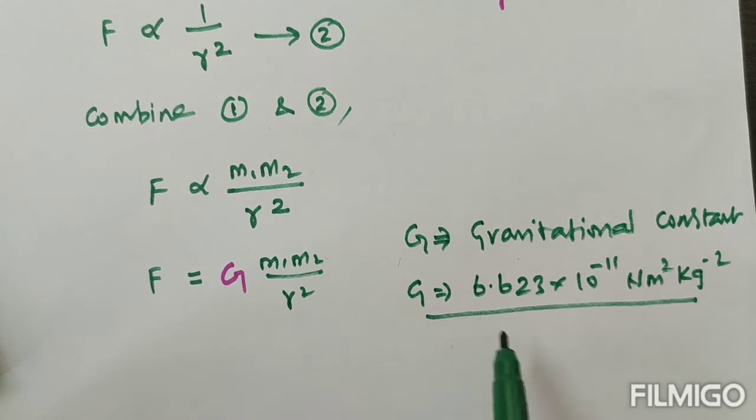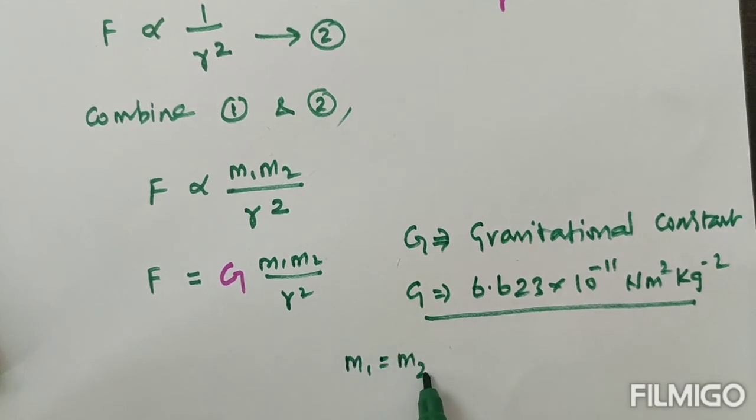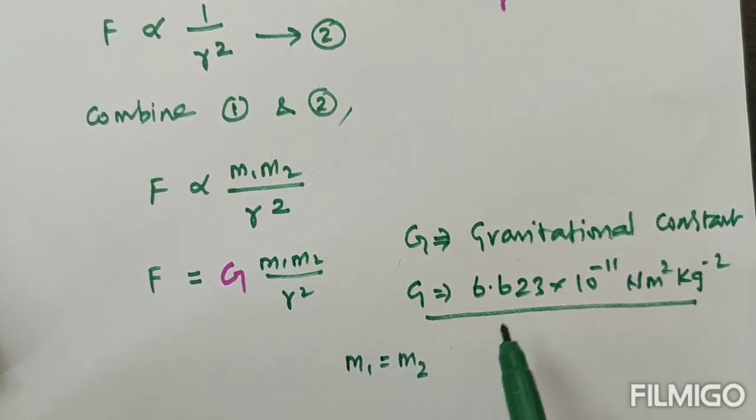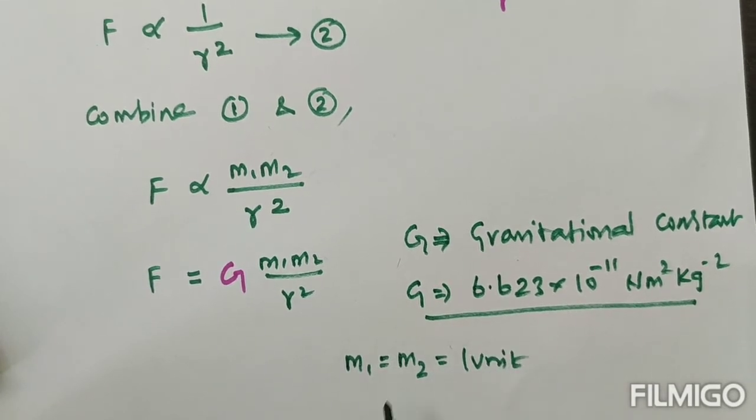Suppose, let's consider m1 is equal to m2. Let's take 1 unit mass, and likewise the distance we take as 1 unit distance.